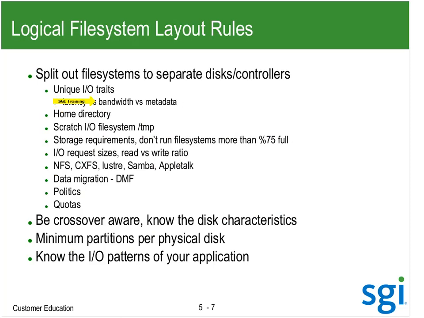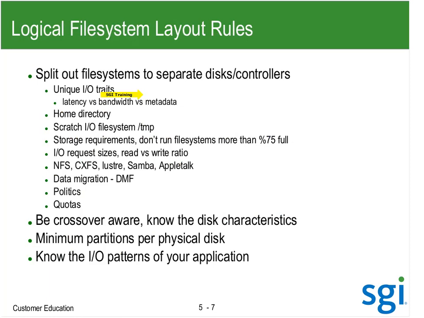Bandwidth is typically your HPC market and your video market. And then metadata is things like /var/spool/news, /var/spool/mqueue, /var/spool/mail. You can get other applications that are metadata intensive as well. The satellite surveillance market, as the video file is coming down and the file is growing for it, that can be very metadata intensive as well.